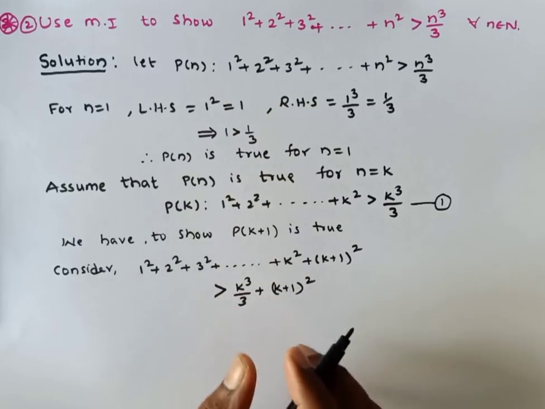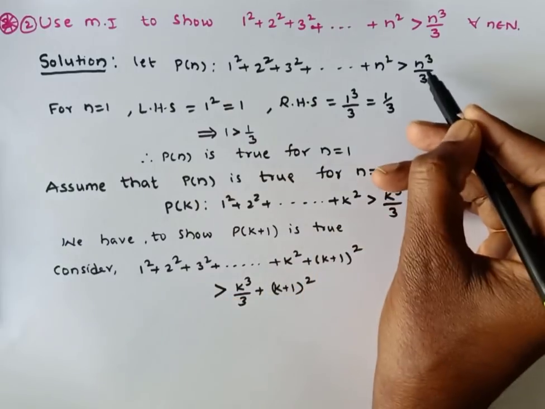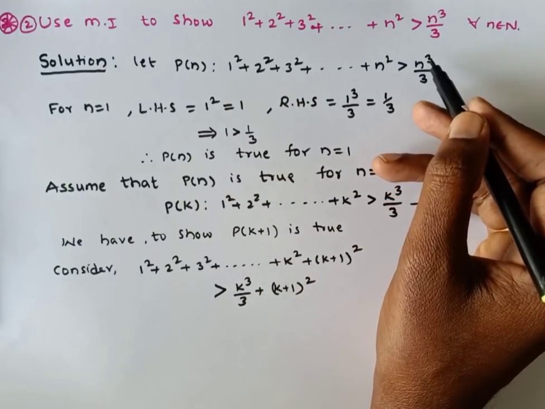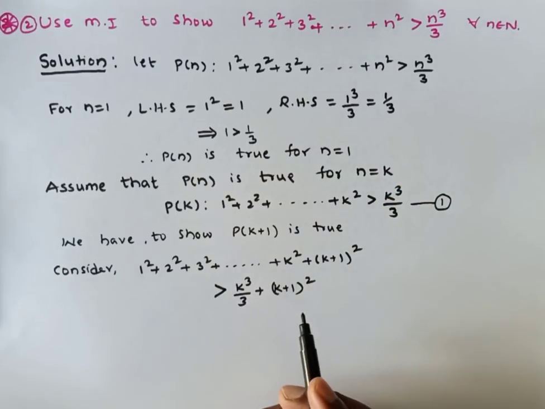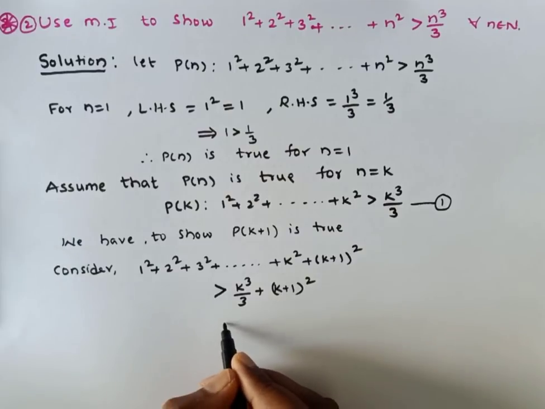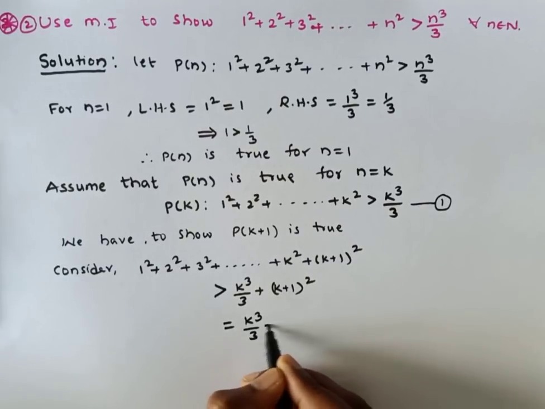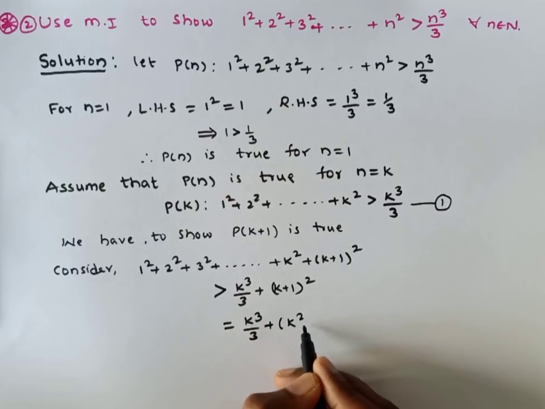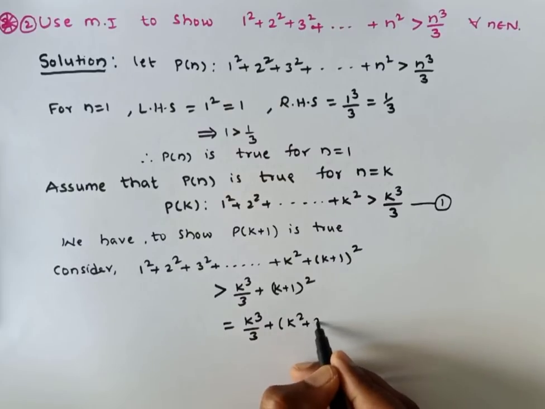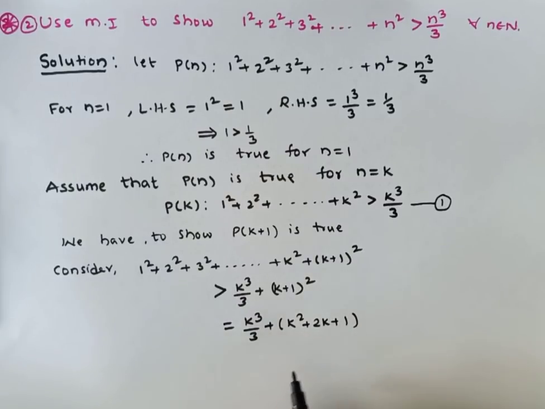Now simplify this part. We need to express this as k plus 1 whole cube by 3. So here I am simplifying this as k cube by 3 plus, so it is a plus b whole square. Expand it: it is k square plus 2ab, meaning 2 into 1 into k, which is 2k, plus 1 square is 1.